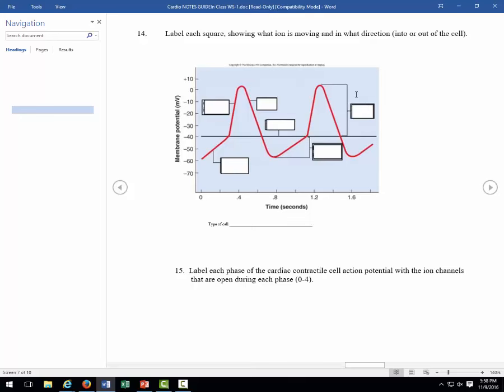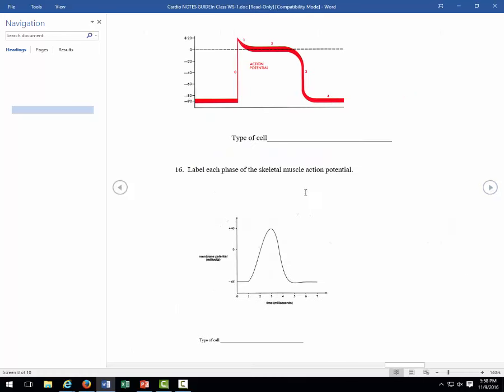Okay, so the next one is our other type of channel. So what is this one? Contractile muscle. We call it contractile muscle cell. So what's happening at 0 then? Fast sodium channels, right? Fast sodium channels.